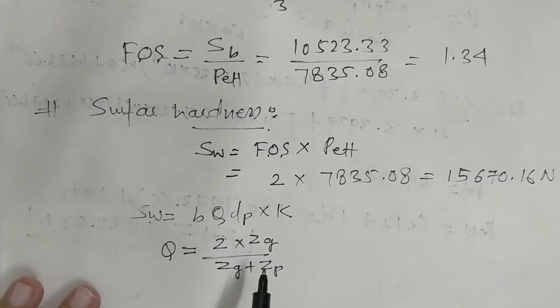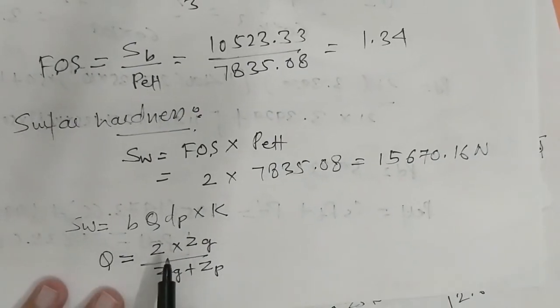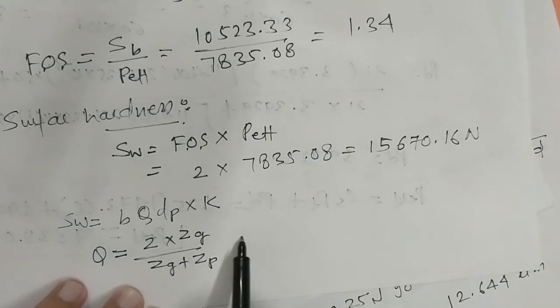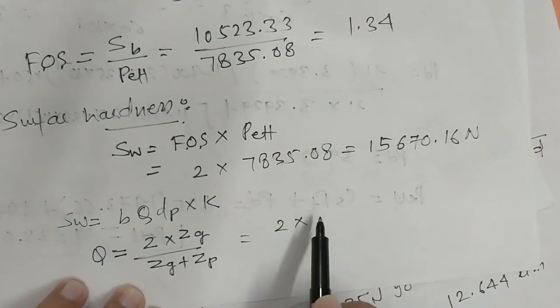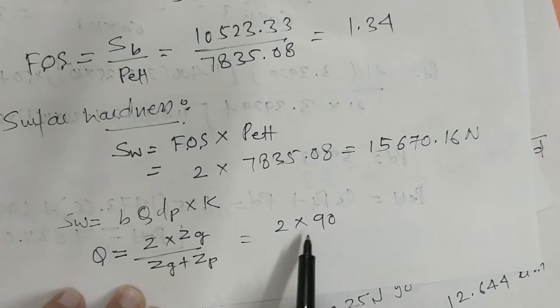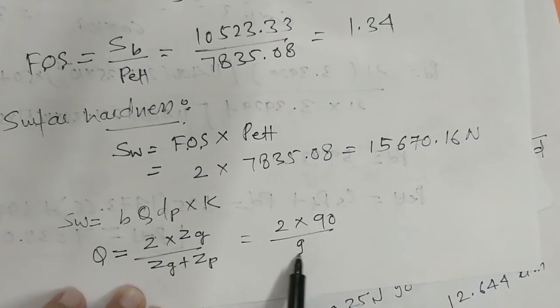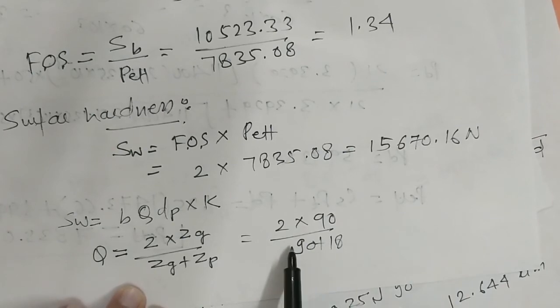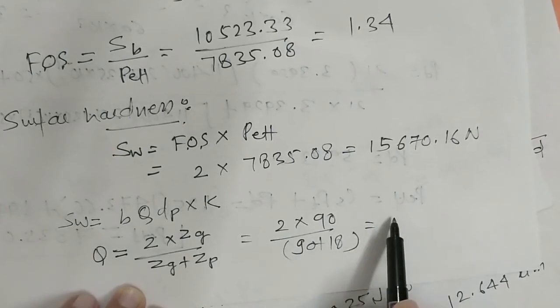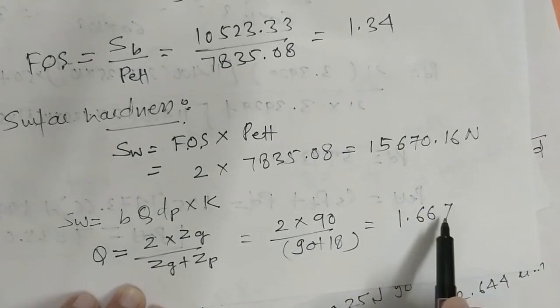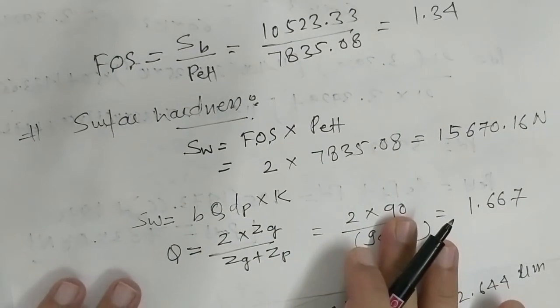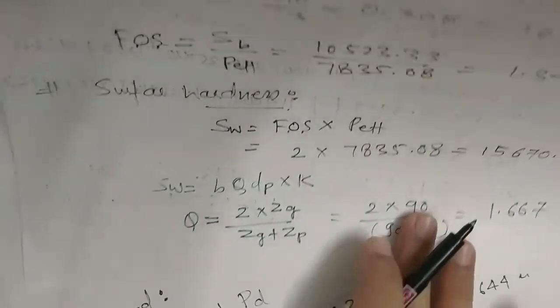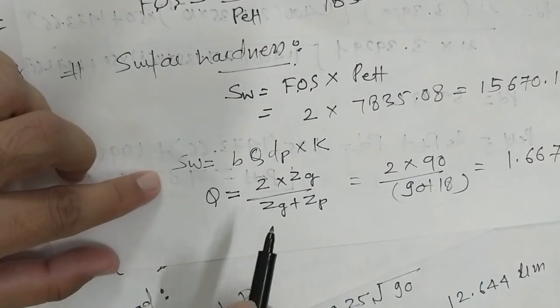These all things are explained in the lecture. So ratio factor Q is 2 times 90 divided by 90 plus 18, because Zp is 18, Zg is 90. So this becomes 1.667.